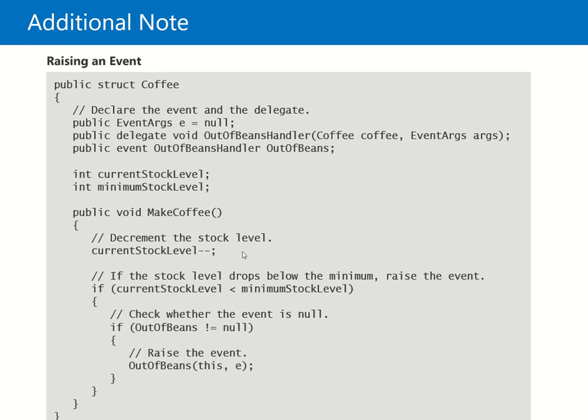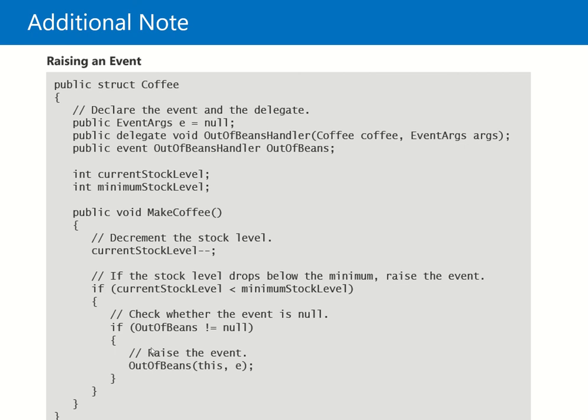So let's say minimum stock level is 5 and the current stock level is 6. After you make one coffee, it will be equal to the minimum stock level.